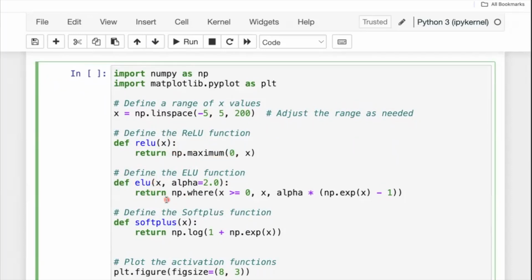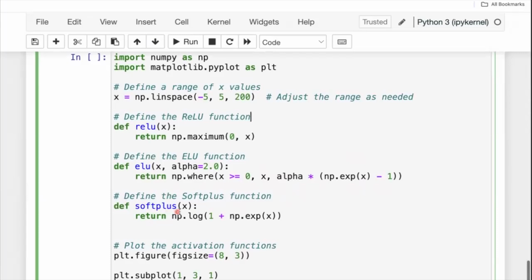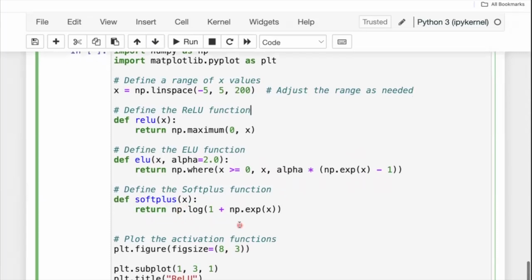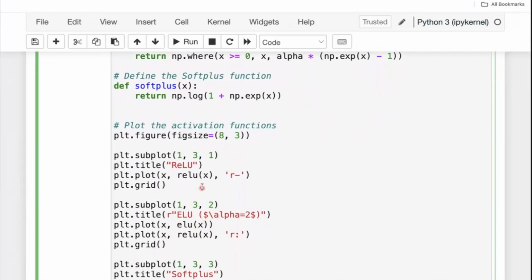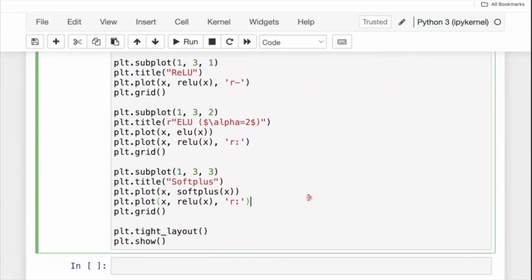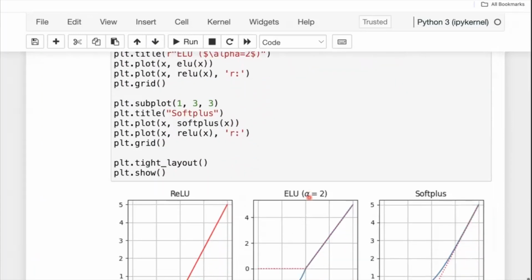For ELU, what we use is this np.where, which means that if this condition is true, then this is the output, and if this is false, which means that x is less than 0, then this is the output that we have. And then for softplus it is log of 1 plus e to the x. After this, we use subplots to plot ReLU, ELU, and softplus.